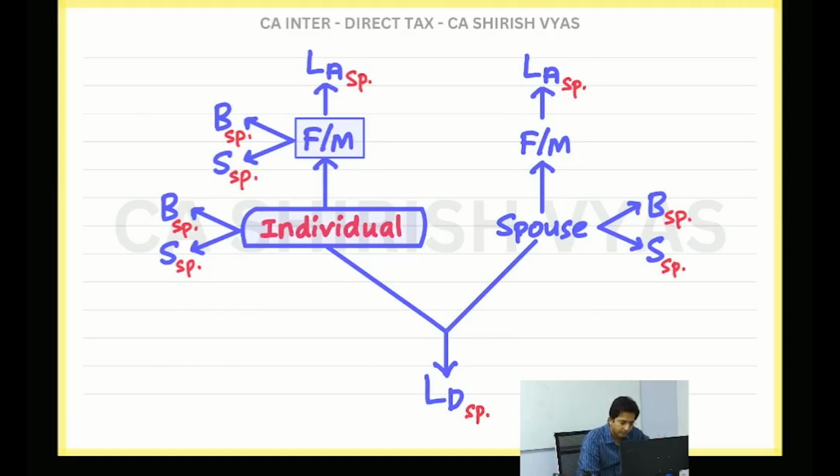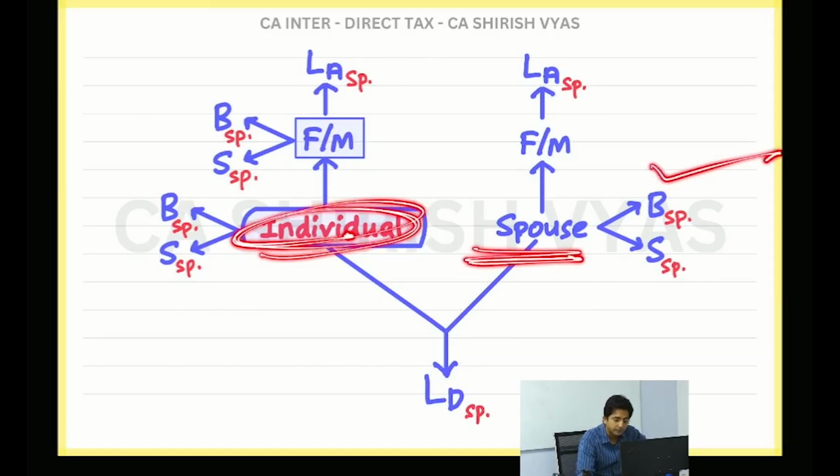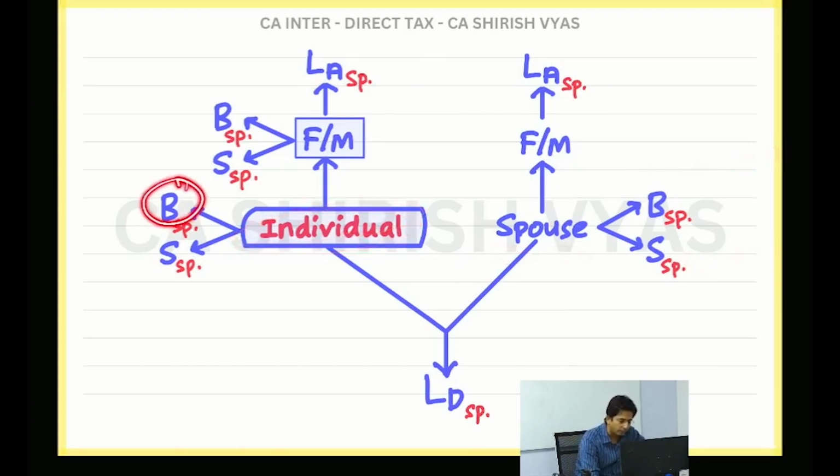So see, if this is me, my relatives are my wife, and the brothers and sisters of my wife. For me, they are brother-in-law, sister-in-law. And these are my own brothers and sisters, along with their spouses. Can you see SP?